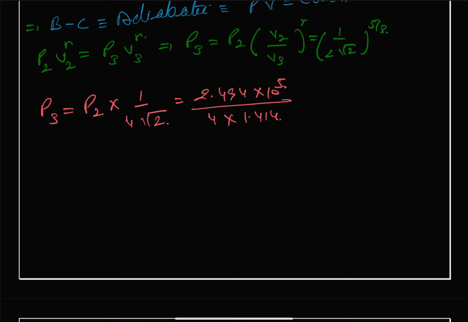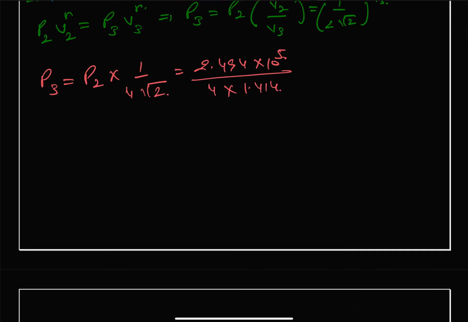So P3 will be approximately equal to 4.41 into 10 raised to power 4 pascals.